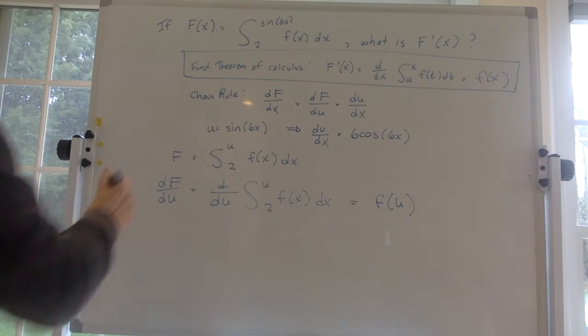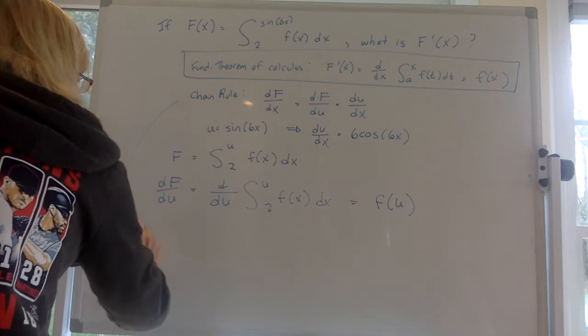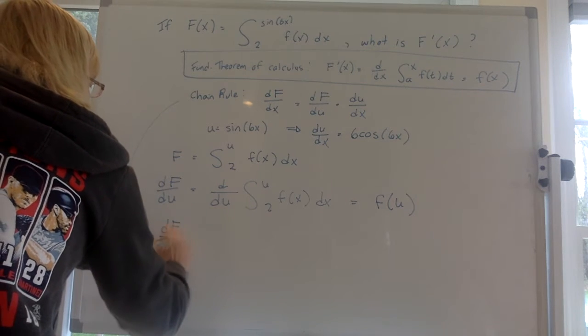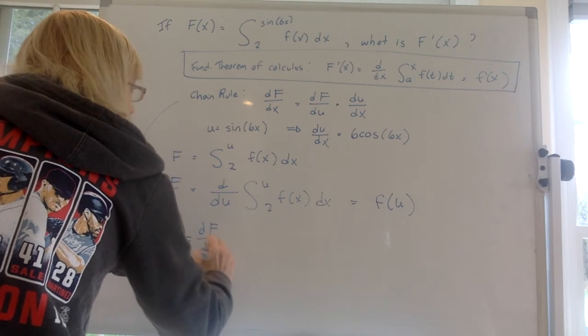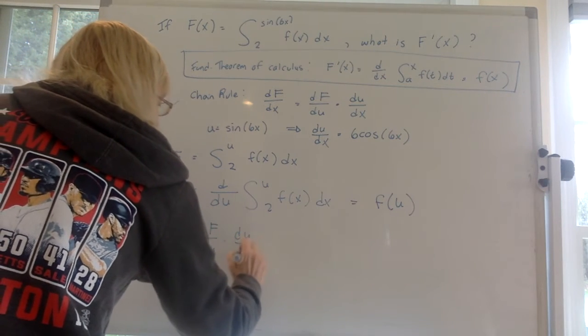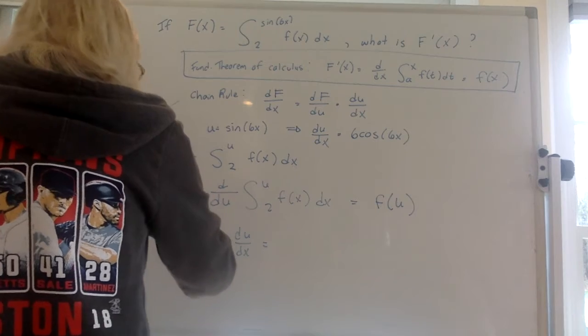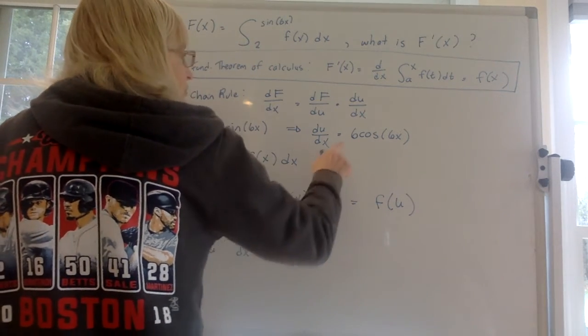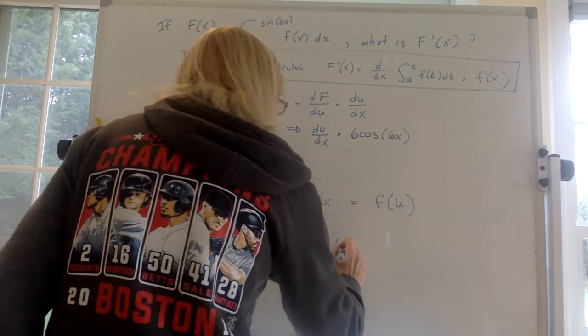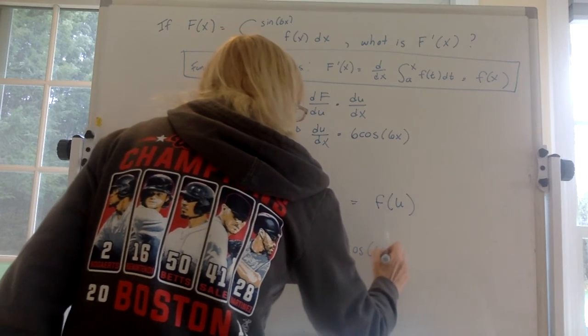So now if we go back to our chain rule, dF/dx is equal to, I'll write it again, dF/du times du/dx. Now we just plug in: dF/du is f of u, and du/dx is 6 cosine of 6x.